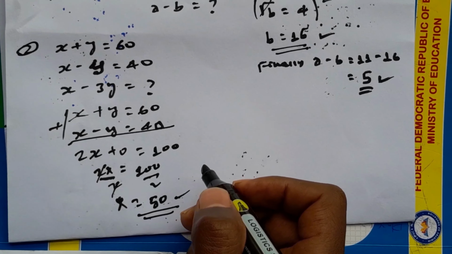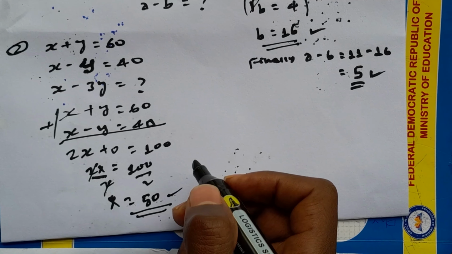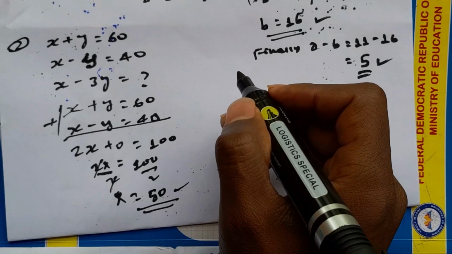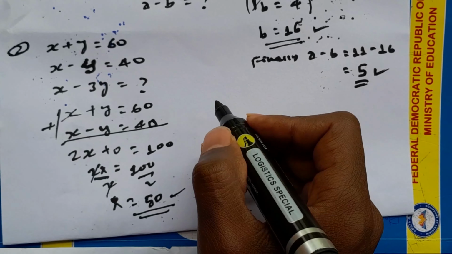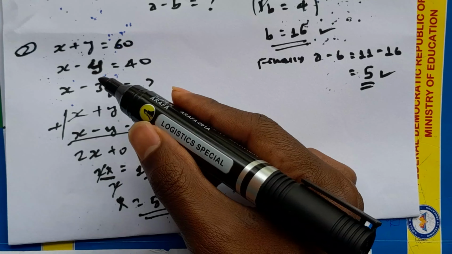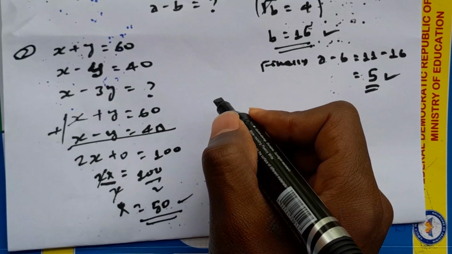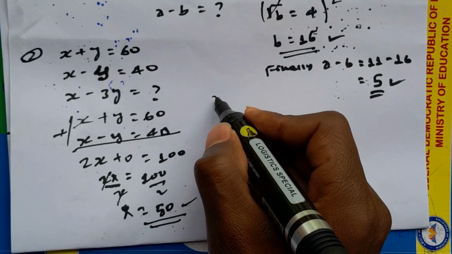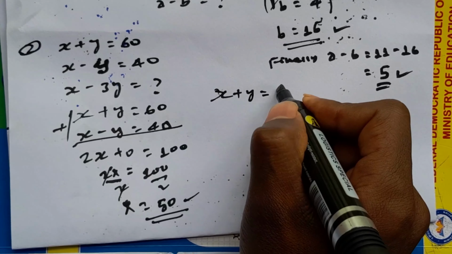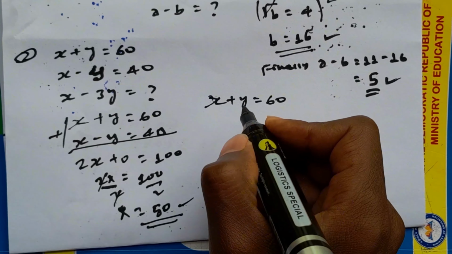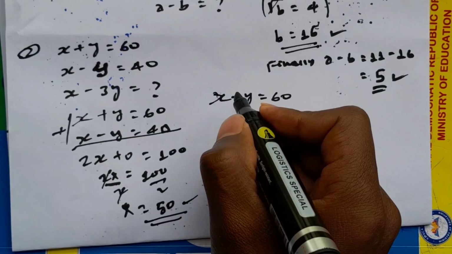And the value of x we got. Now we can use one of the equations, the second or the first, no matter. Let's use the first: x plus y is equal to 16. We got the value of x, so replace x.